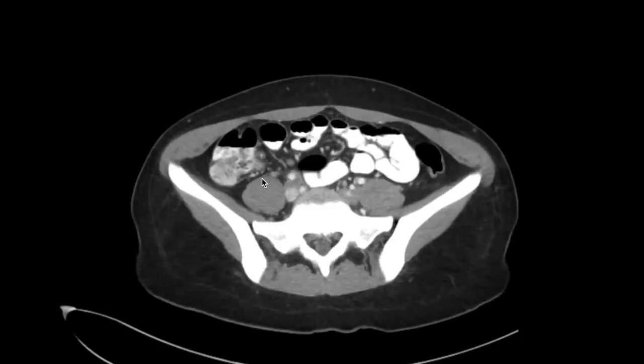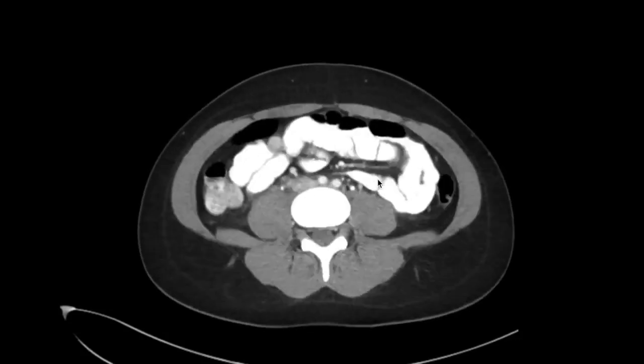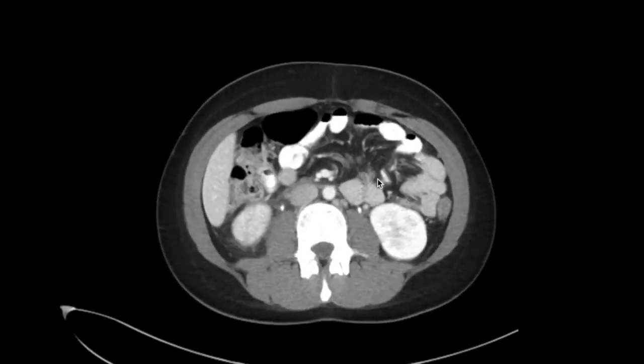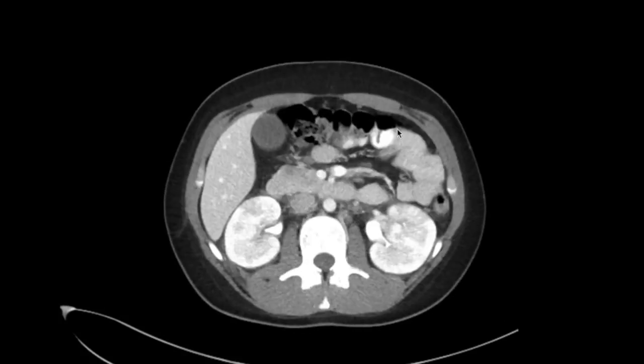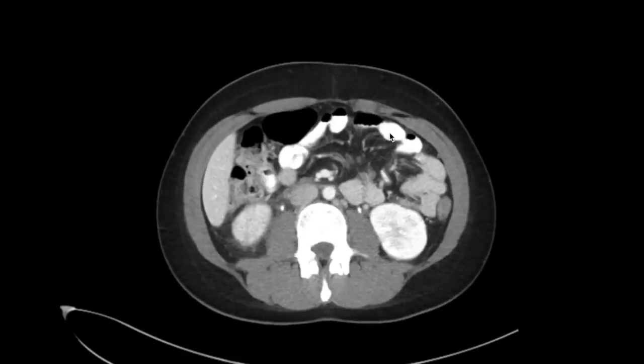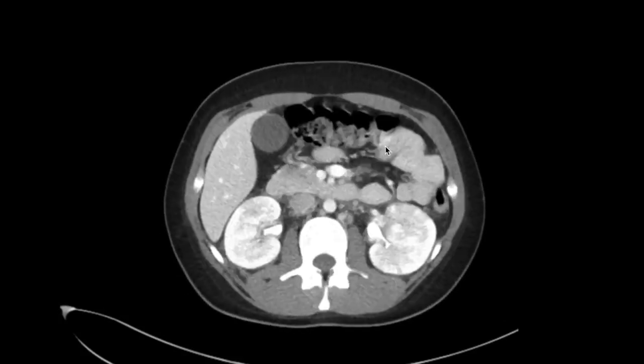But what matters more than the actual measurements is the appearance of the bowel itself. So, I've seen lots of bowel obstructions, and a lot of resources actually use 2.5 centimeters as a cutoff for small bowel. But what again matters more is the appearance. If it's tensely distended proximally, there's a point of transition and then collapse distally, that is way more important than any measurement of bowel.